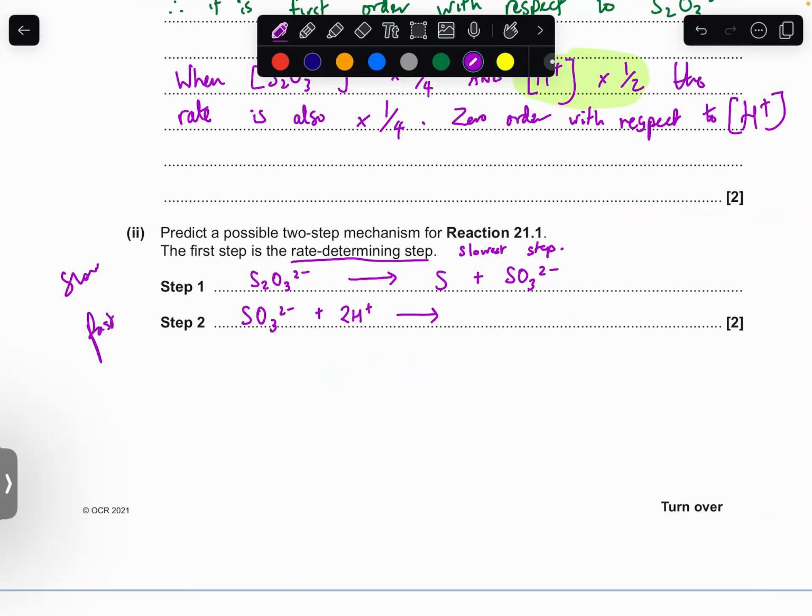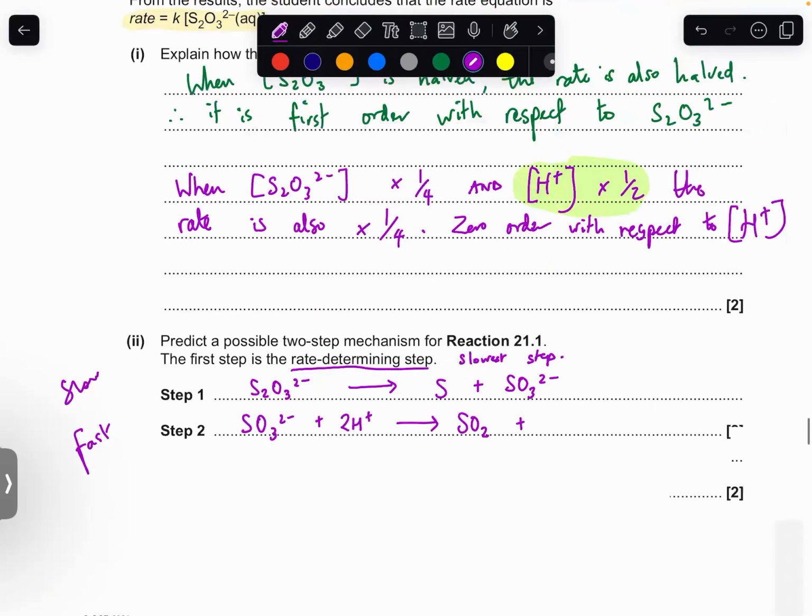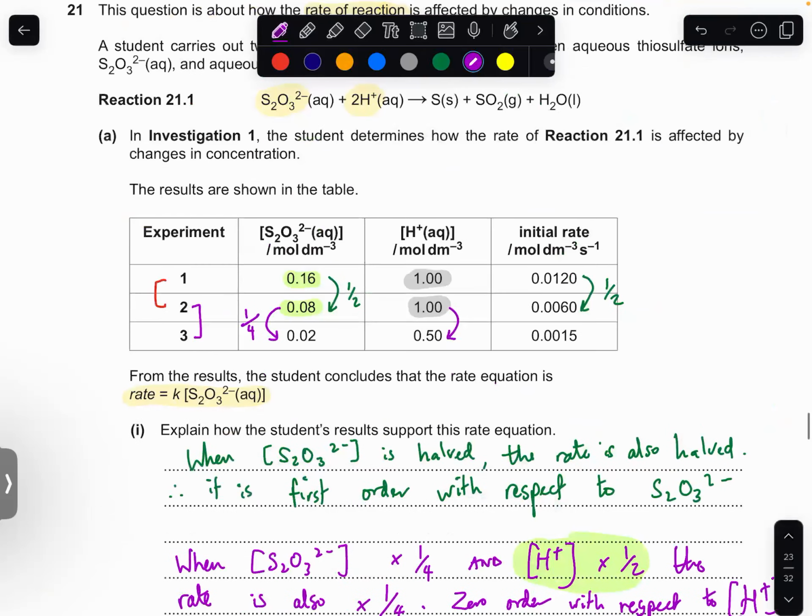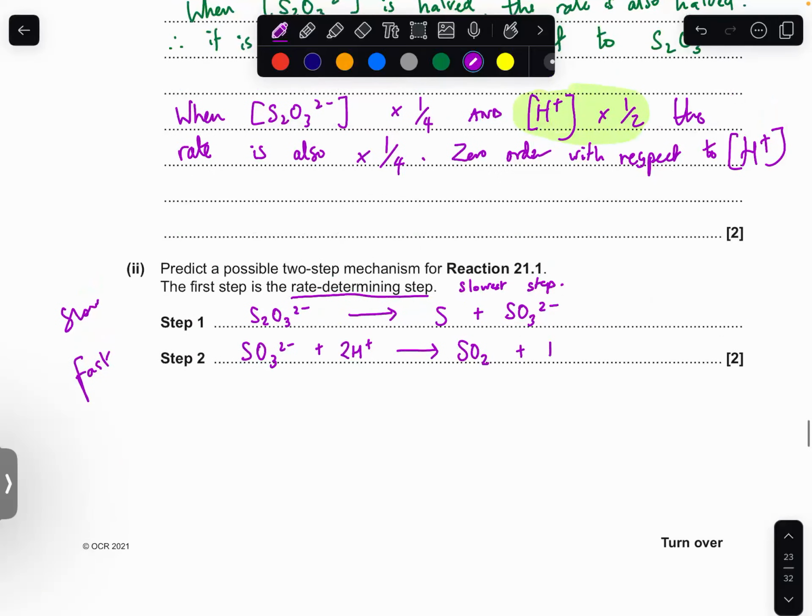This is fast. And let's see what we can extract. Let's extract another product, SO2. Let's extract some water, H2O. Let's see if this works.